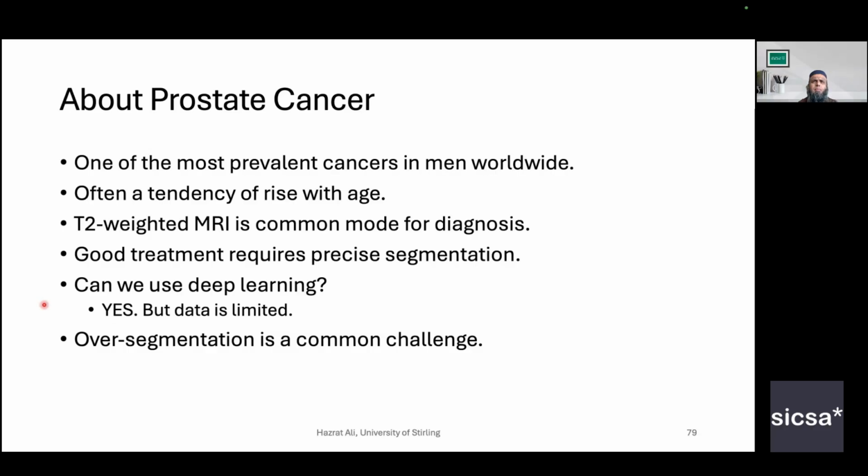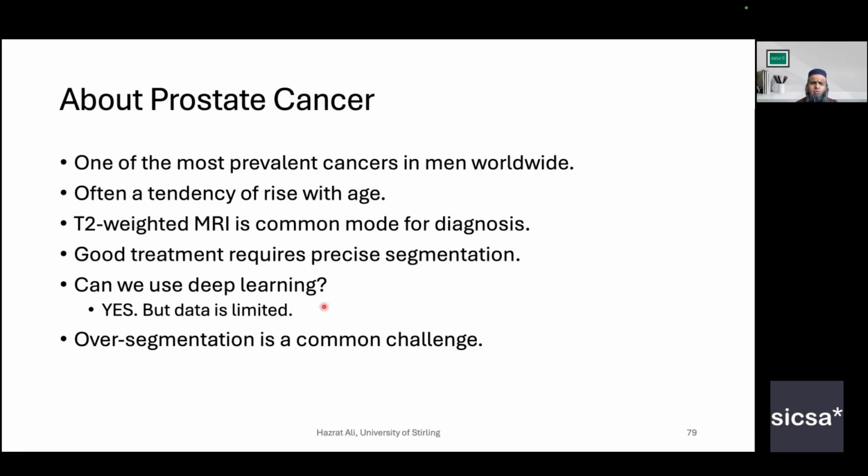You do not want to apply the radiotherapy to healthy tissues of the body because it can just damage them. So a key here is segmentation, and not just segmentation but rather precise segmentation of the prostate.